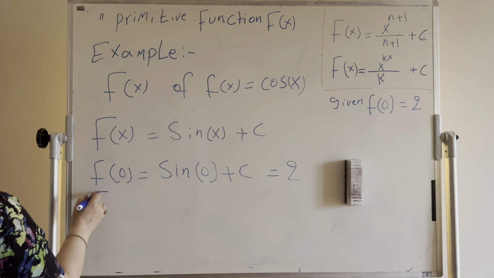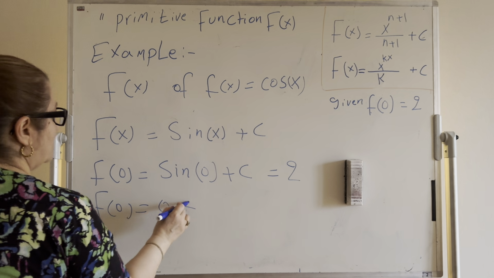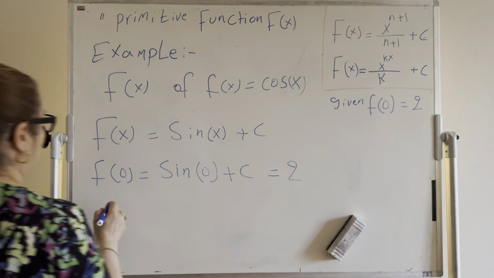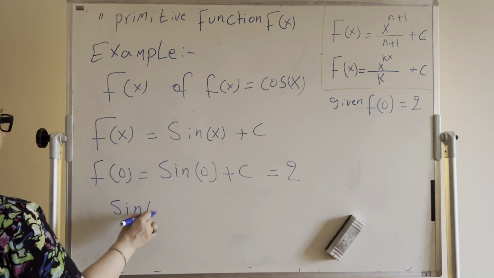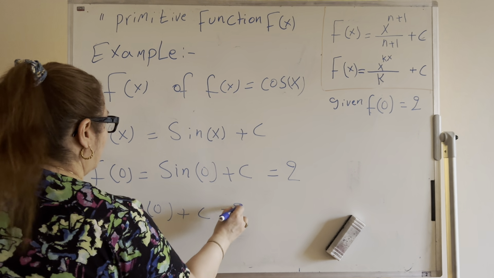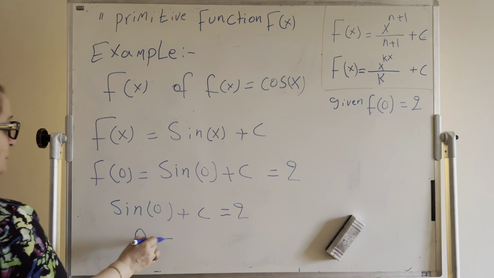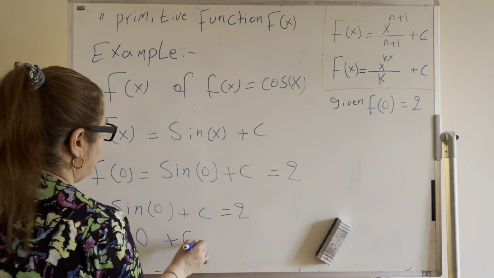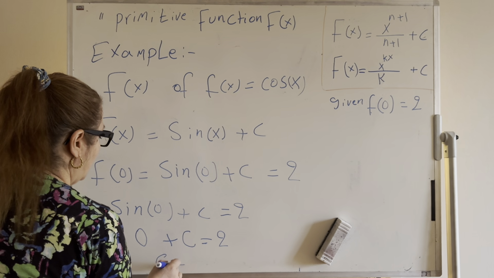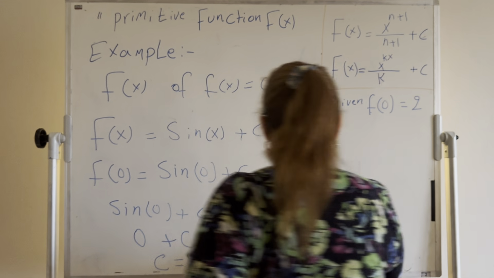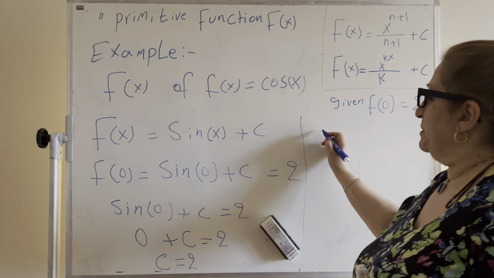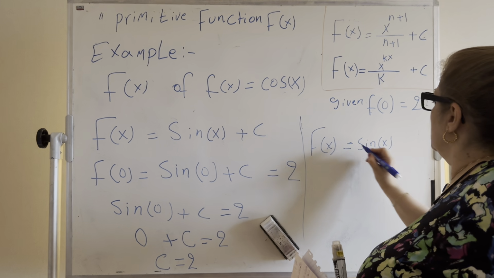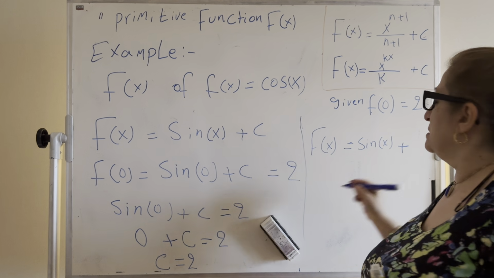Sine 0 will be 0, and the constant equals 2. I can write my primitive function: sine x plus c, or c the constant, equals 2.